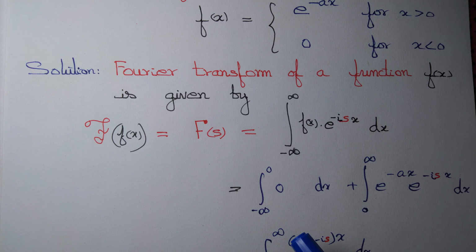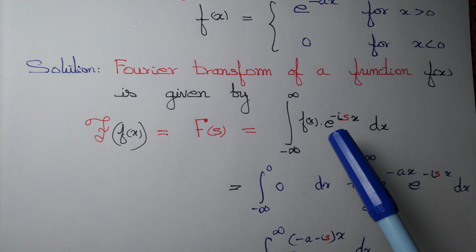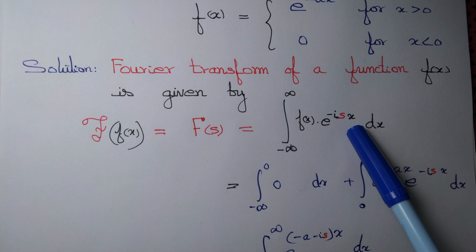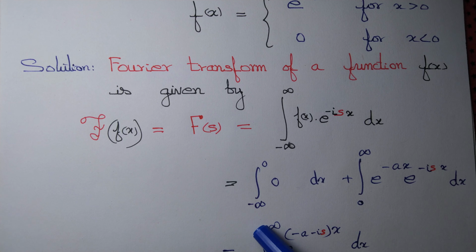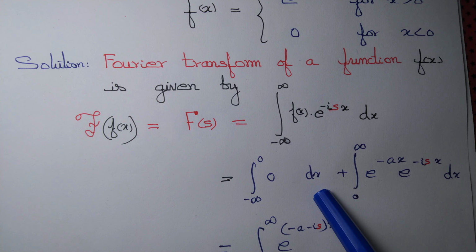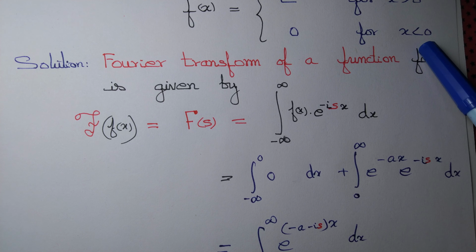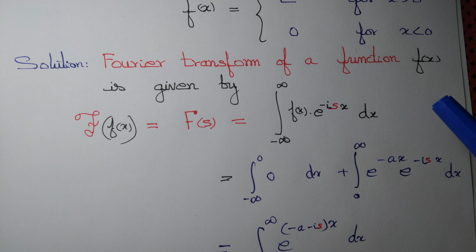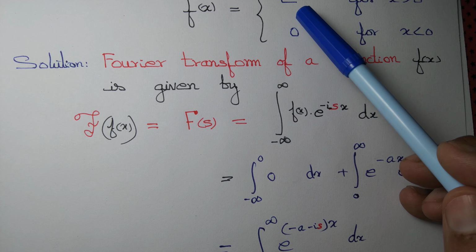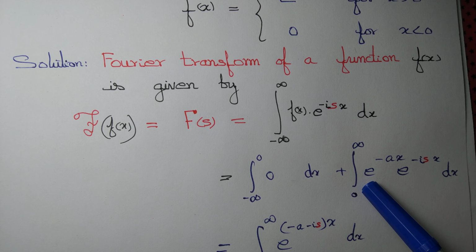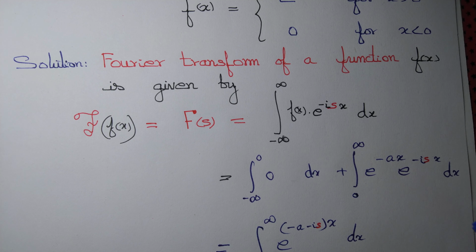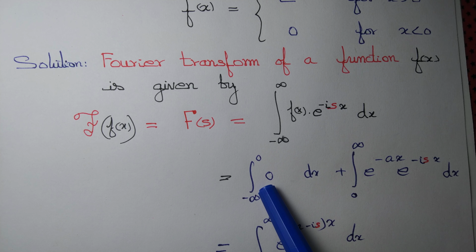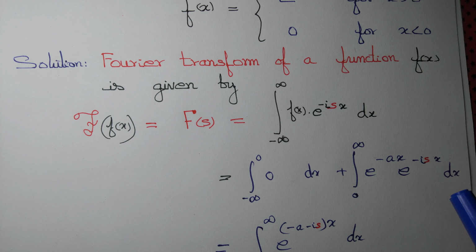Once again, the integral from minus infinity to infinity of f(x) into e to the power minus isx dx can be written as the integral from minus infinity to 0 of 0 dx, because for negative values of x, f(x) equals 0, plus the integral from 0 to infinity, where for positive values of x, f(x) equals e to the power minus ax. Now the integral of 0 is 0, so we don't have to write it.